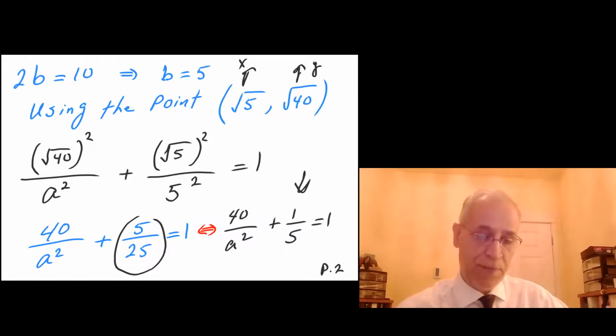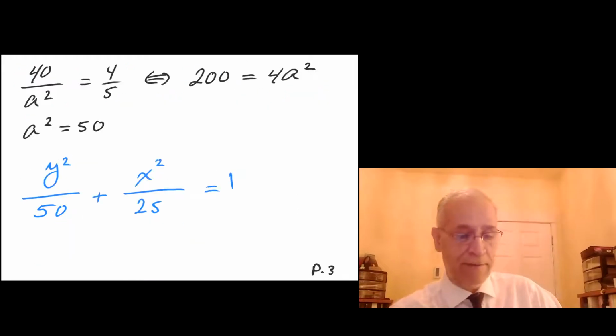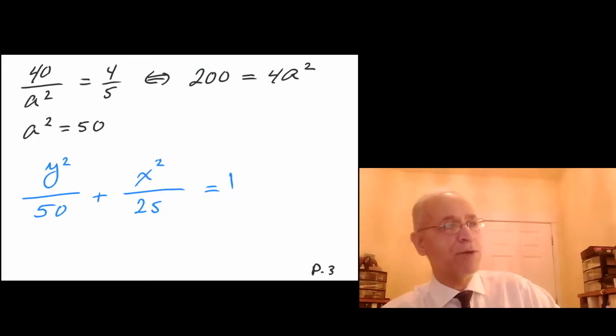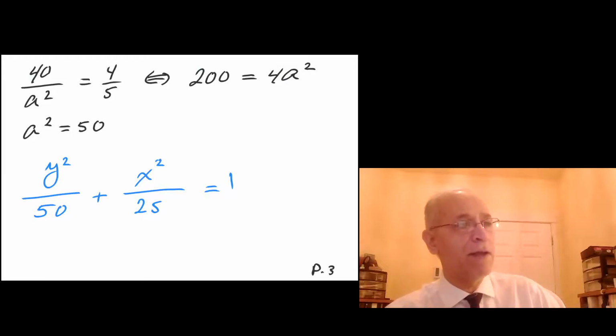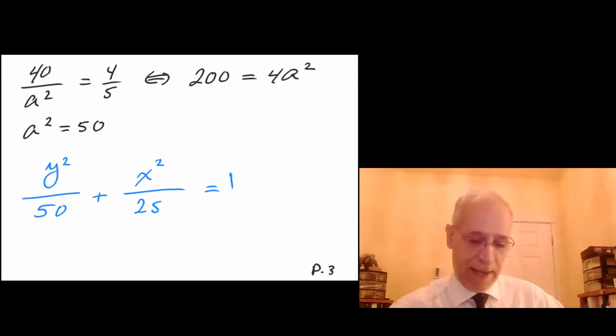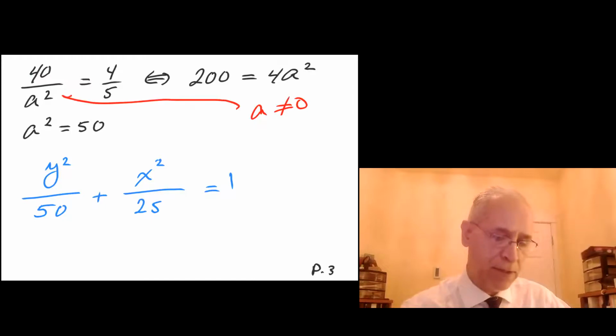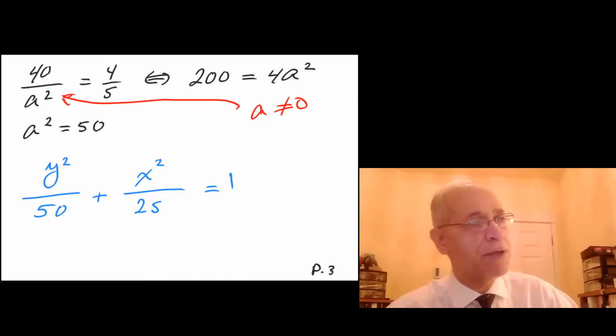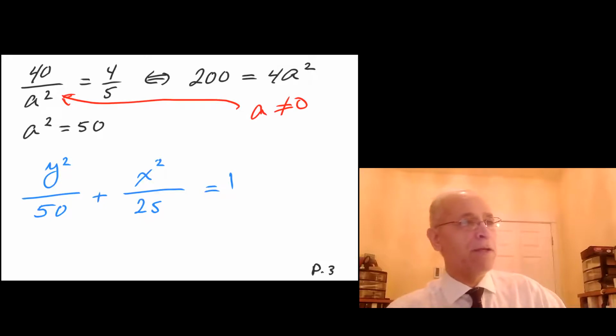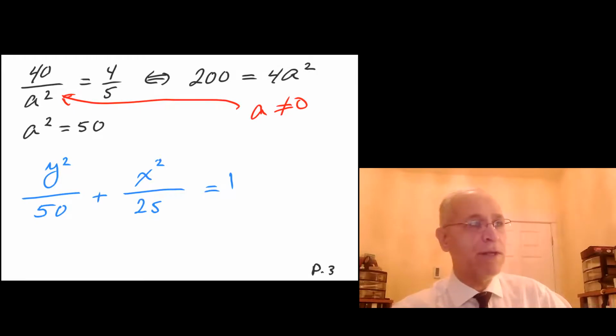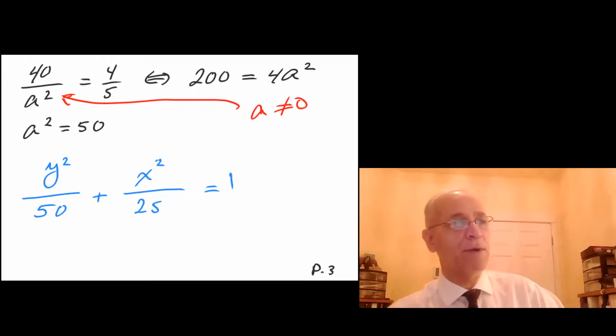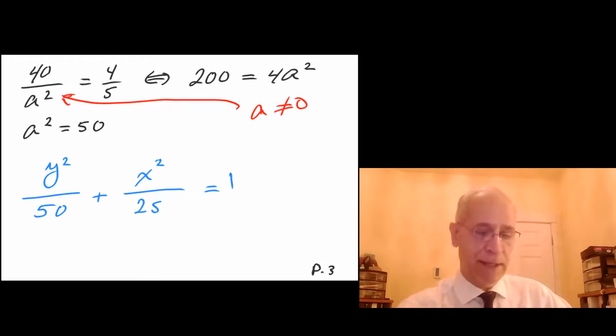Now I have 40 over a squared equals 4 over 5. Of course a cannot equal 0, but that has no bearing on our calculations. You can multiply both sides by the LCD, or you can cross multiply. You get 200 equals 4a squared, divide both sides by 4, and a squared equals 50.